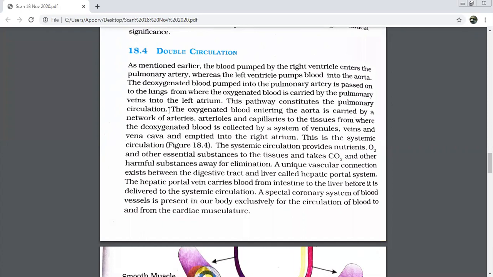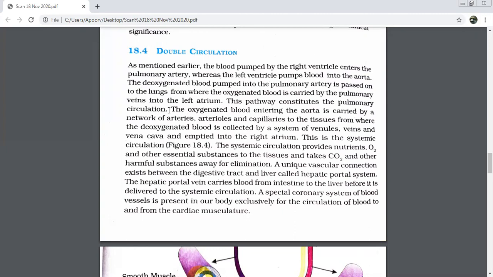Lungs. So what kind of blood reaches the lungs? Deoxygenated blood. Yes, and then it gets oxygenated and this circulation is what we call pulmonary circulation.